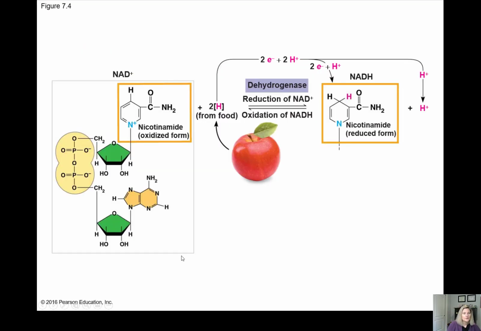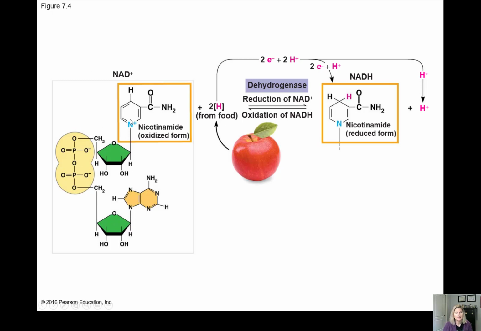So let's take a closer look. Here is an actual NAD+ molecule. It's very complex, and you don't even need to know the full name of it. But we have the NAD+, so this is in its oxidized form. So it's going to be gaining electrons.